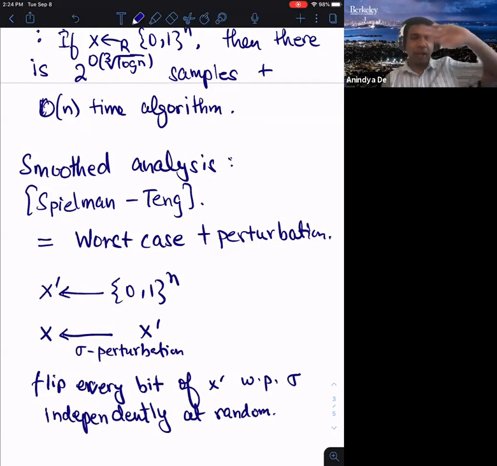So some adversary chooses the worst case X prime, and you don't have to worry about solving trace reconstruction there. Rather, every bit gets flipped with probability 1 over 100, and the X that you have generated like this is the unknown string.